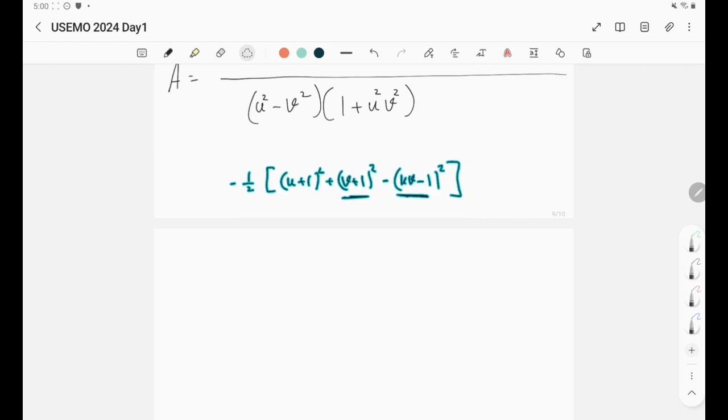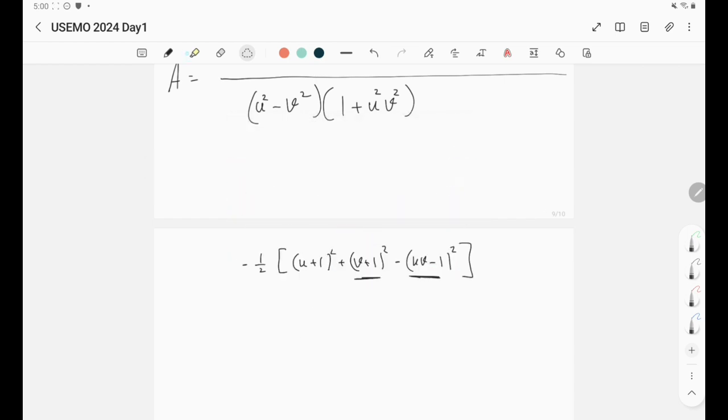j minus h is this. As we said, let's do it step by step. So this thing is just going to be negative half u plus 1. Now you have u plus 1 here, and here the sum gave us u plus 1. Remember v plus uv.